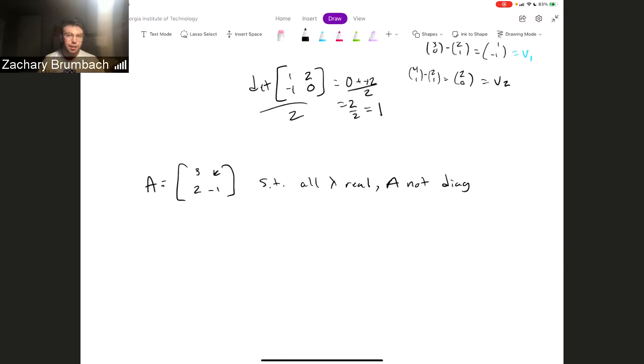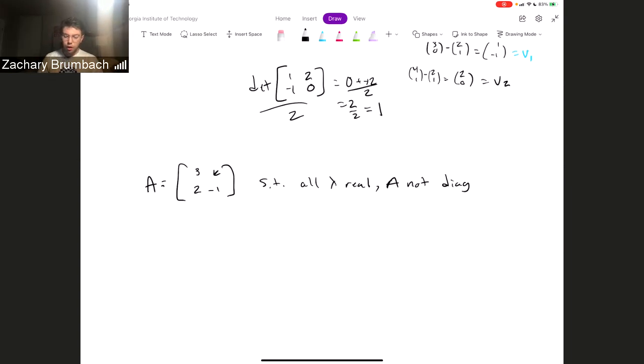If A is not diagonalizable, that means we have a lower geometric multiplicity than algebraic multiplicity. Since it's a 2 by 2, we only have two eigenvalues. For any n by n matrix, you'll have n eigenvalues, period. Not necessarily n distinct, but you'll have n total.